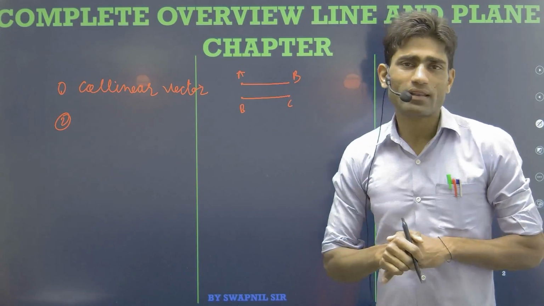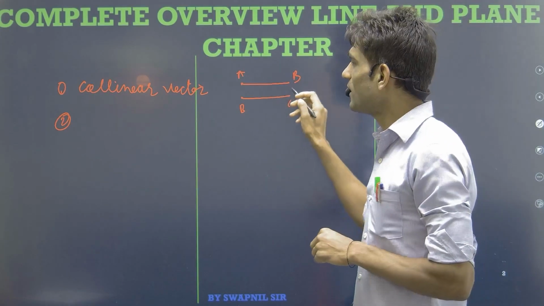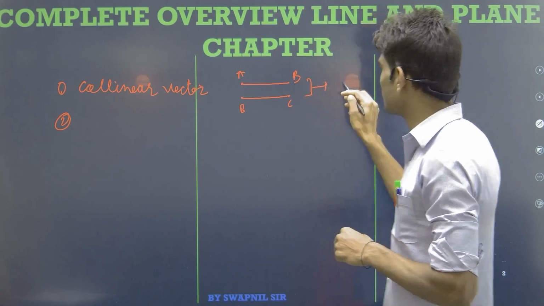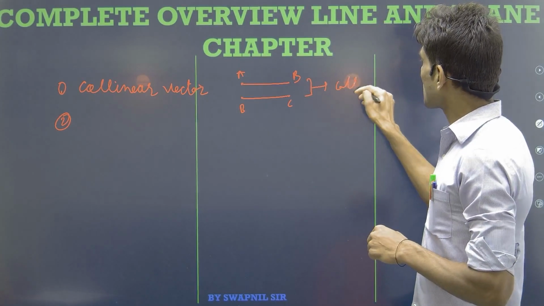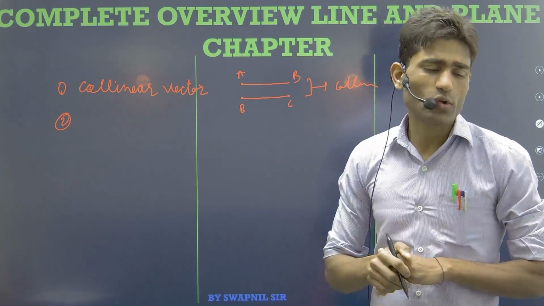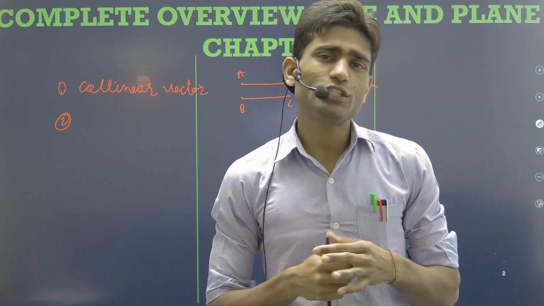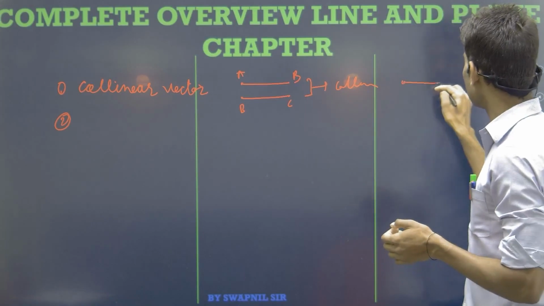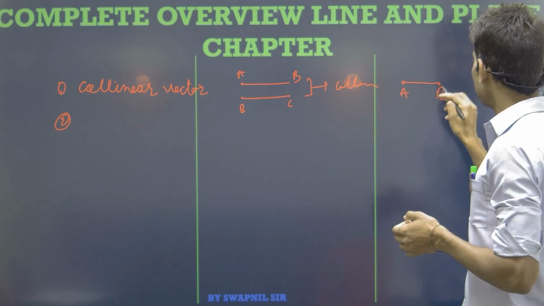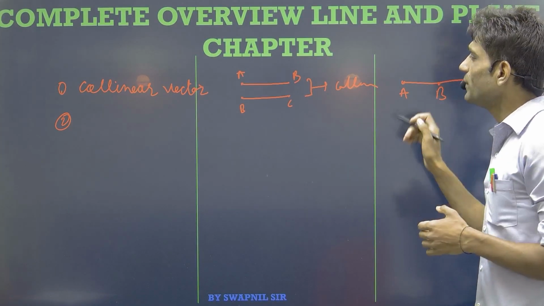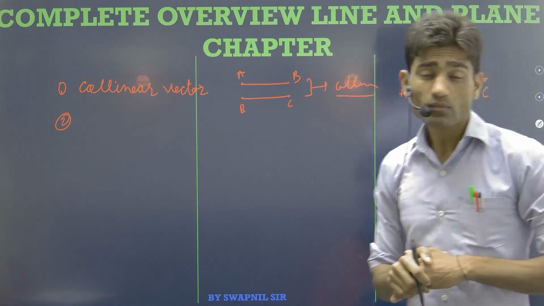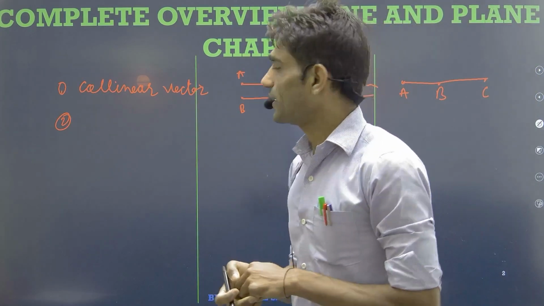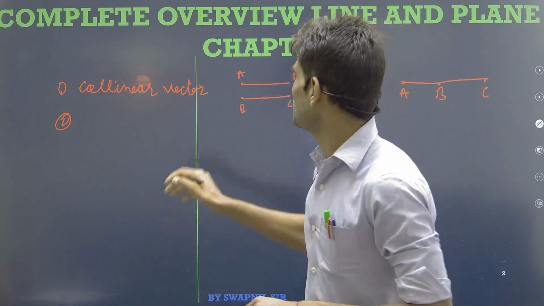Both are parallel line segments. Then we consider this a collinear vector or collinear line segment. This is the condition for parallel. If we go along lines, like a line segment AB along with a line segment BC, then we consider this a collinear vector. So this is the definition of a collinear vector.